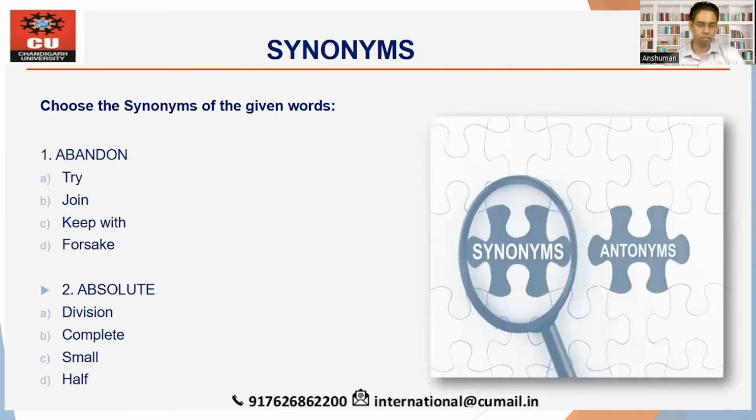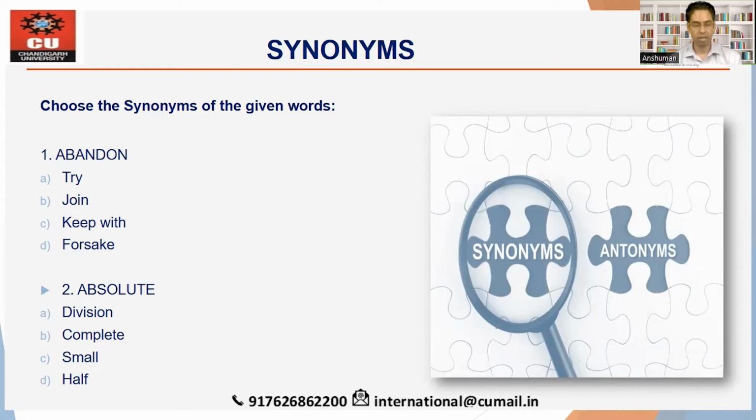Now let us solve some questions which are based on synonyms and antonyms. The first question says abandon. Now, abandon means leave. When we are leaving a particular place, right? That is known as abandon.